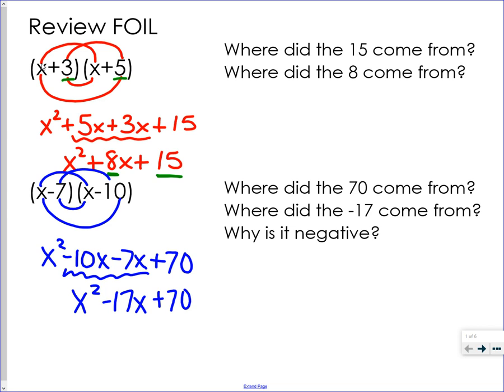But that's because I had a positive 3 and a positive 5. In this problem, the 17 is negative because it's a negative 7x and a negative 10x. And when we add with the same signs, we keep that same sign. So that's how it's a negative 17. So I want you to notice that this sign matches these signs. And this sign matches these signs. That's going to be really important today.